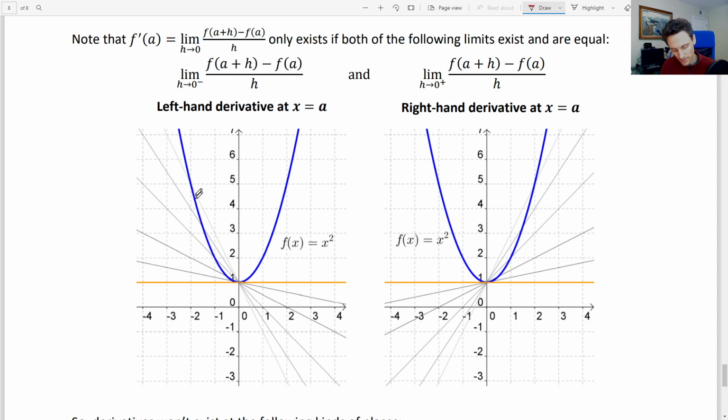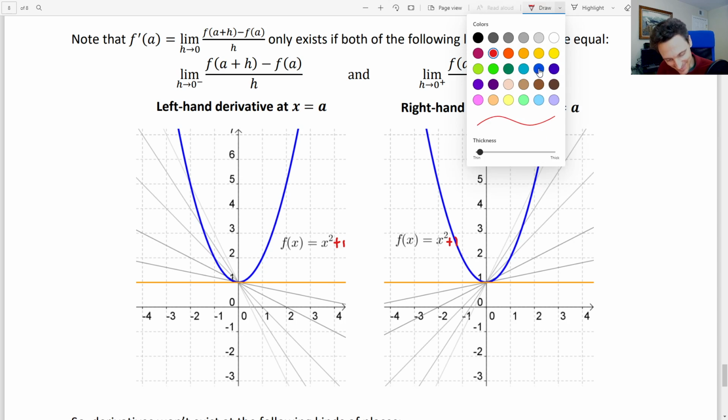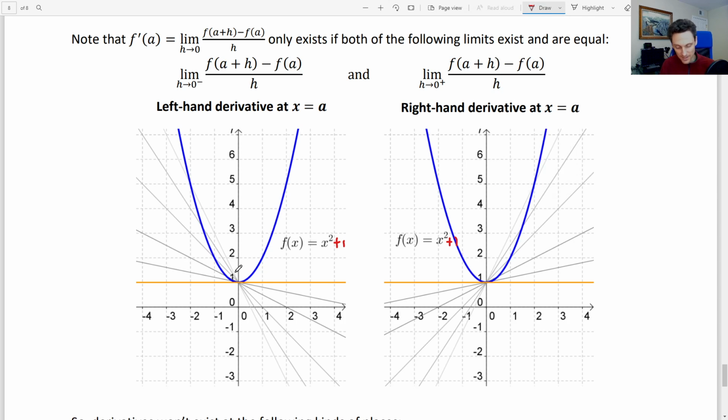So here's an f of x equals x squared kind of curve. Actually, this is x squared plus 1, I just noticed. Huh, never noticed that in all these years. So if we're taking the left-hand derivative, having h approach 0 from the left means that h is a negative value.